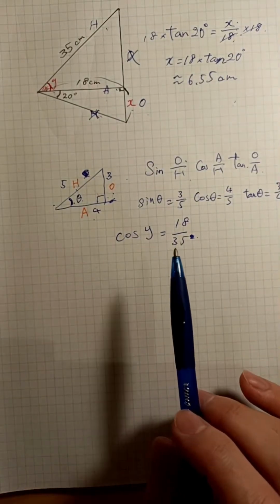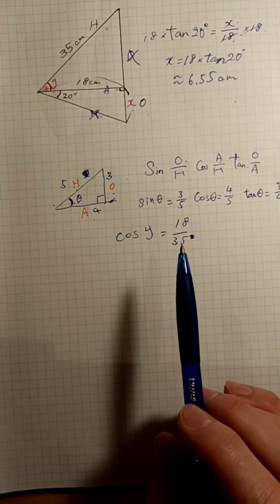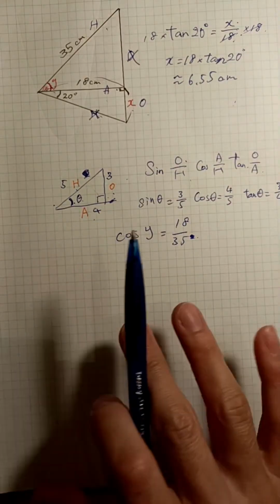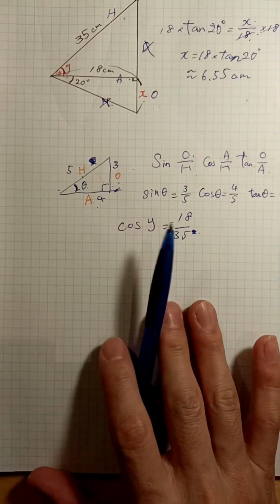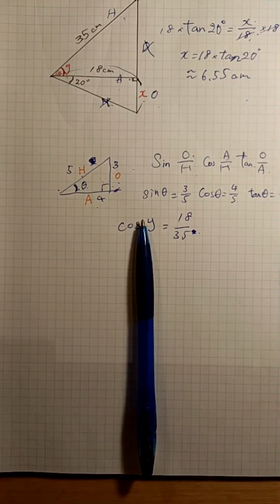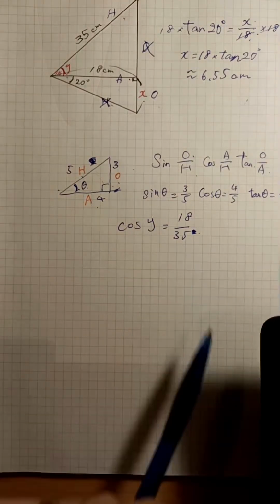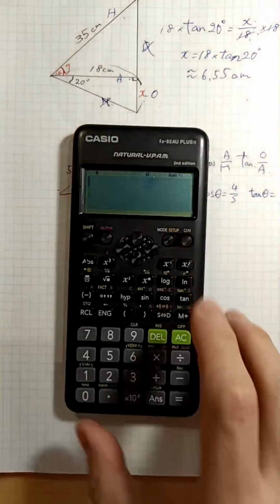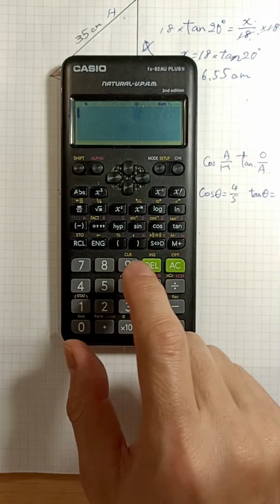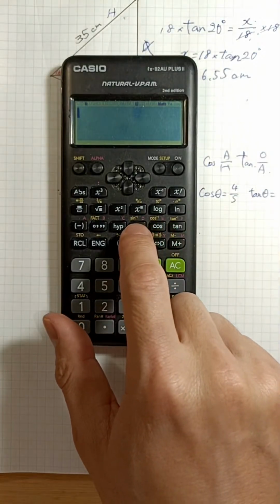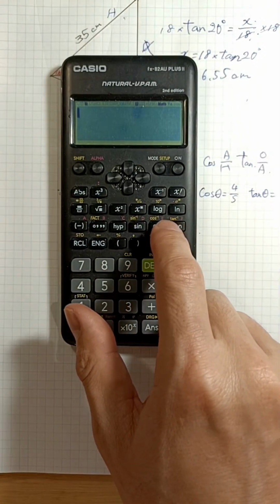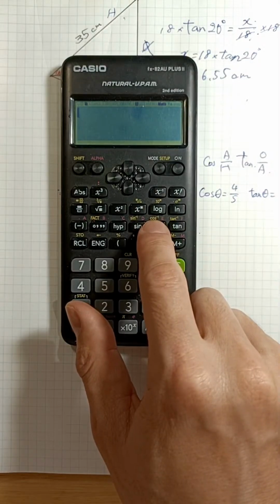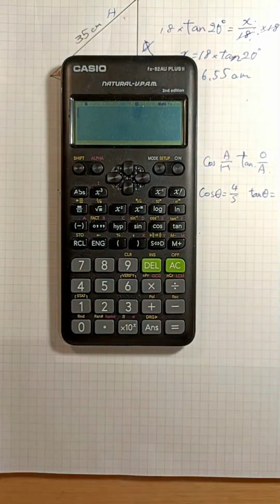Trigonometry is great because you can find the length and you can also find the angle as well. So I will tell you how to figure out the angle. We call it inverse, or arc cosine. If you look at sine, cosine, tangent, there is a negative one on them. This is called inverse.